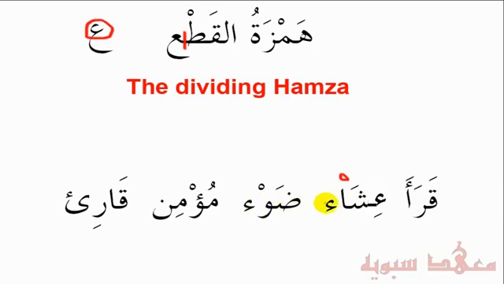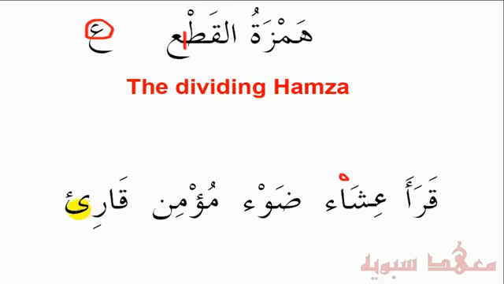Here Isha means the time of the night when the light disappears, and Daw means light. Qara'a means he read. Next we have the Hamza, and before the Hamza is a dhamma. Now when this happens, the Hamza gets a waw. So mu'min, a believer. And finally, qari', before it is the kasra, and therefore it gets a ya.